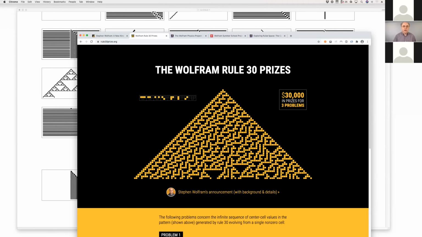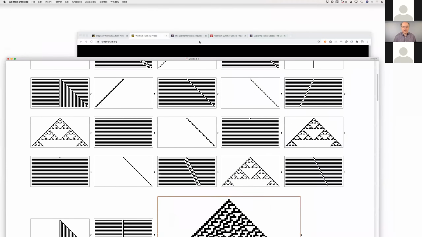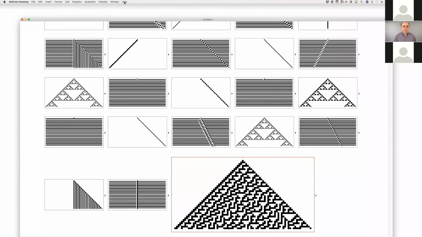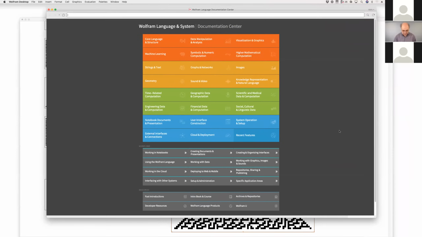And so, as I'm sure most of you know, a large part of my life has been devoted to building our Wolfram Language system, whose purpose is really to have a language that can express ideas computationally about lots of kinds of things.